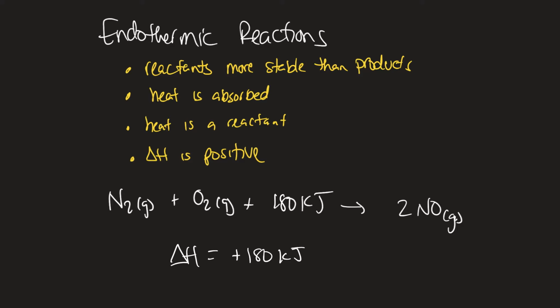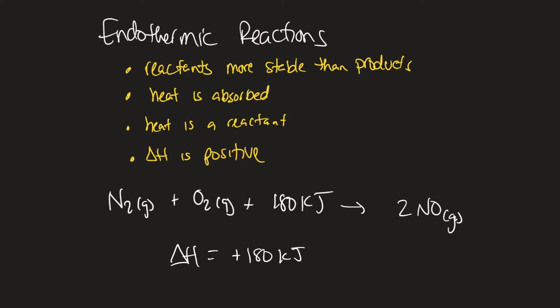Just like I showed you an example of the exothermic, where you could calculate the delta H of the reaction using the bond dissociation energies, you could do the same thing here, and if you have a positive delta H, the reaction overall is endothermic.